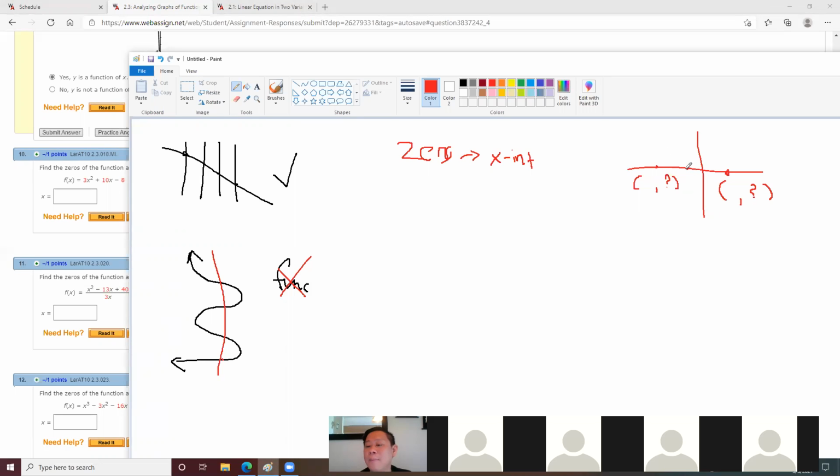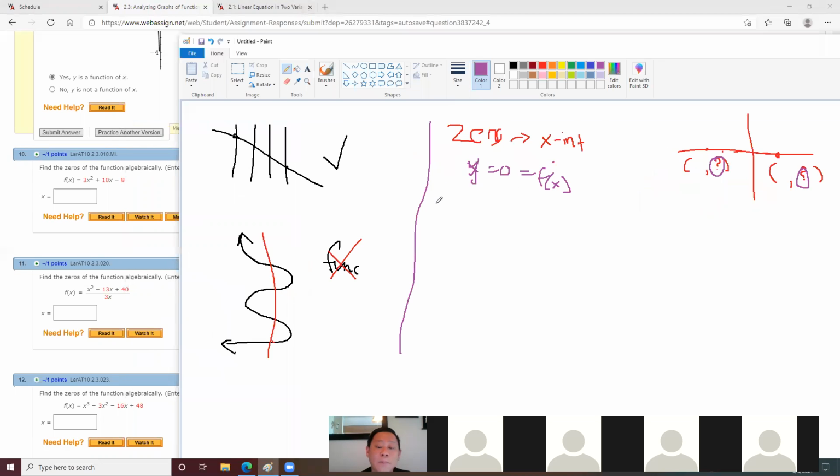It should be 0. So in order for us to find the zero or the x-intercept, you put y equals 0. But since this is a function, you just put f of x equals 0.